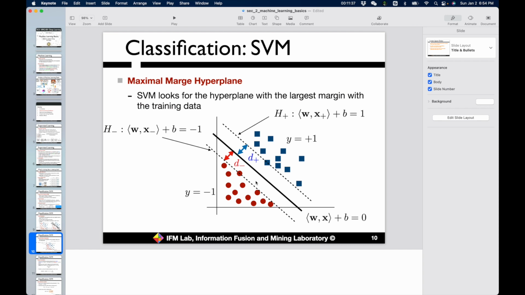However, remember, if we select a point on the parallel line H plus to help us define the distance, we know that for this point on H plus, this term equals positive 1.